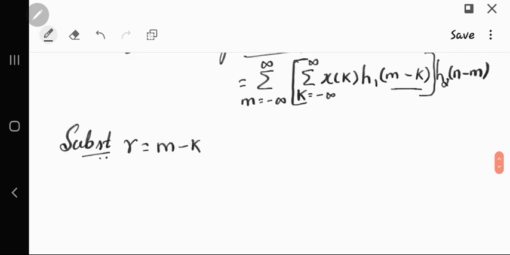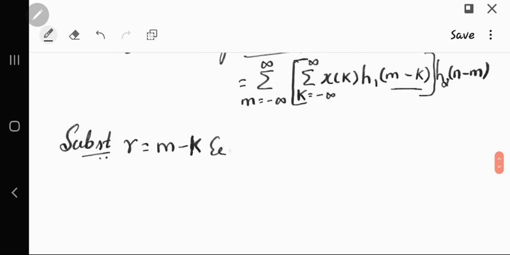Why? For the convenience of the derivation I am using the same alphabet r which I used for f2 of n. The limit r is equal to minus infinity to plus infinity. I am using the same one here. R is equal to m minus k. Okay.